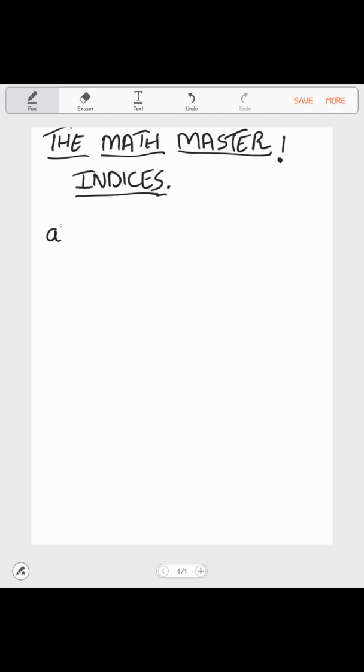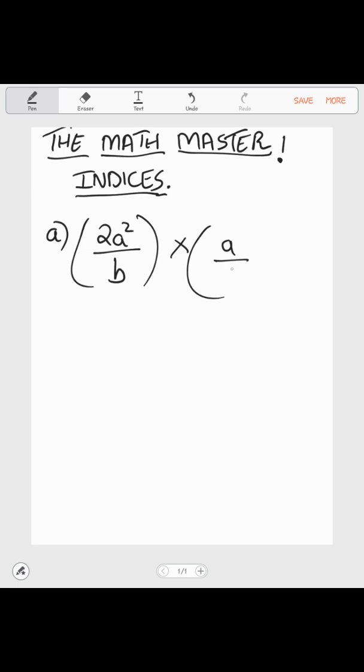So question 1, or part A, was 2a squared over b multiplied by a over b squared, whole squared. Now this is a very easy question. You write the first bracket as it is, because no further simplification can be done over here.